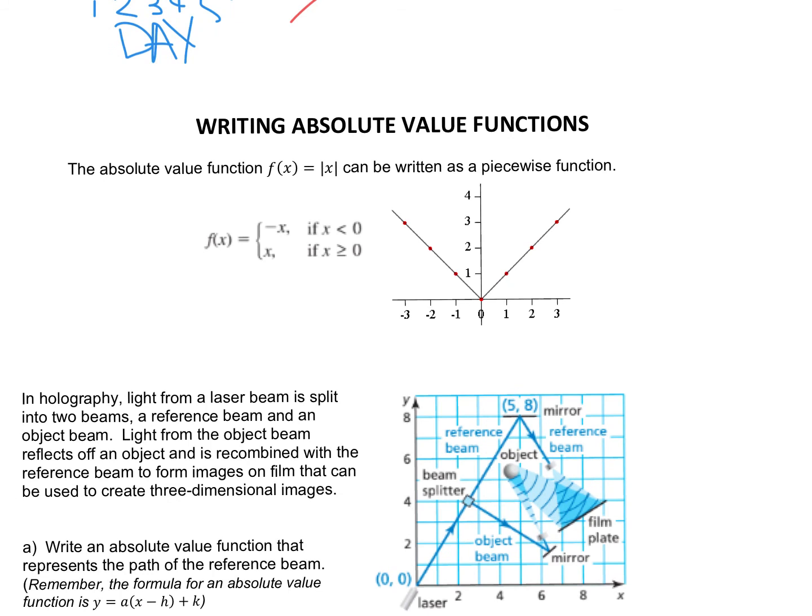So when we looked at the absolute value function, the function of the absolute value of x, we talked about how it created that V-looking graph, right? Where it has that symmetrical look around the vertex. So in a way, you can still think about our absolute value functions as piecewise functions, because you could look at this side and write it as the negative x when x is less than 0.